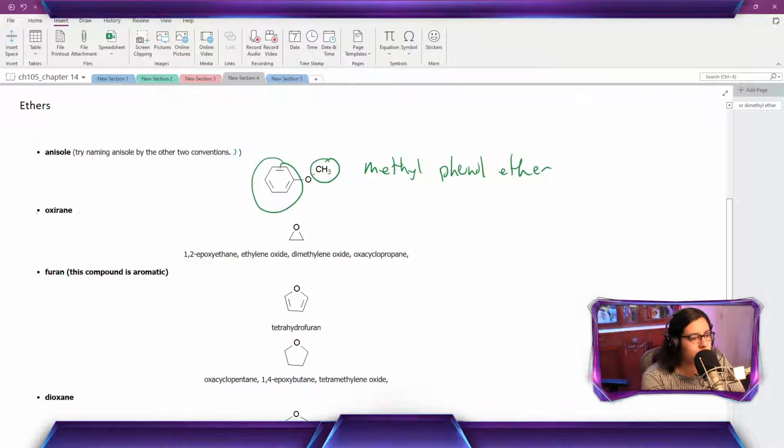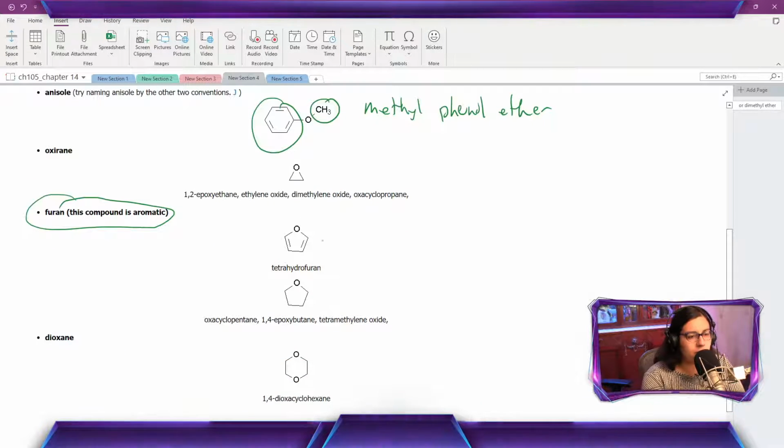So we also have these oxyrenes. So this can be ethylene oxide or dimethylene oxide, to show that these are bonded. So different names for this. Furans also come up.